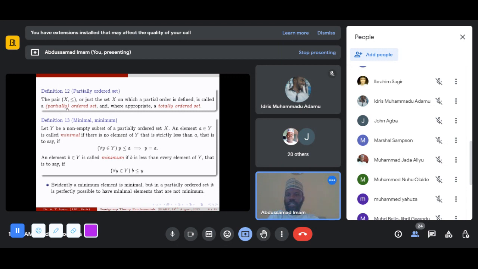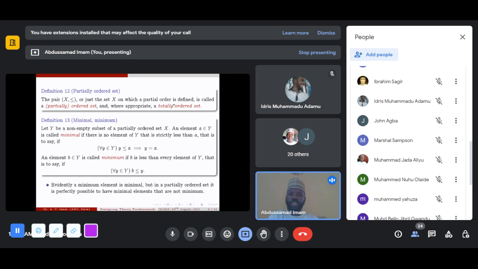And then at times if you read books, you see poset, P-O-S-E-T, that is partially ordered set. And with the appropriate definition, we can also define totally ordered sets, meaning when the partial order is a total order, then X can be called a totally ordered set.